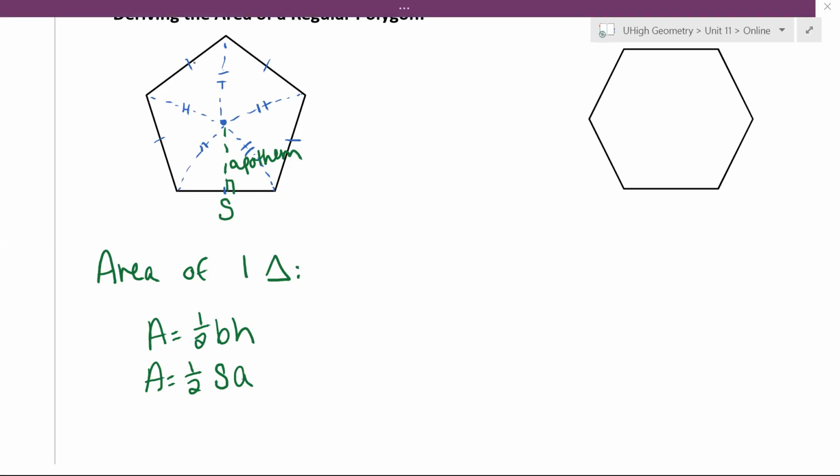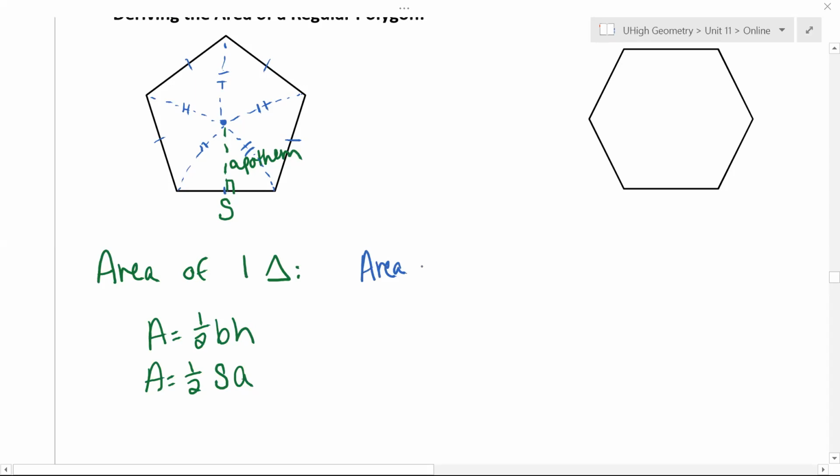And if I wanted to find the area of the polygon, I want to take the area of my triangle, so my 1/2 side length times apothem, and multiply that by the number of triangles that I have. And I'm going to just put a little n out here, where n is the number of triangles or side lengths.